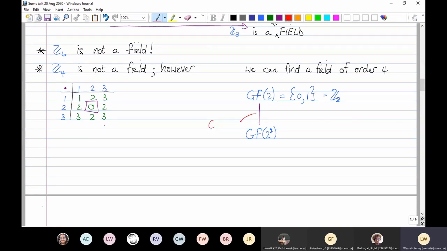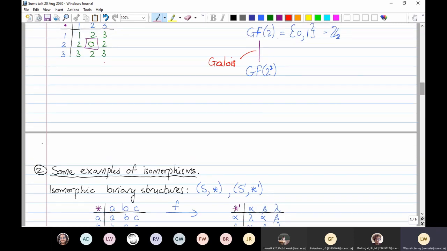This is named after a French mathematician. I would suggest that you read up on him. He actually has quite an interesting story. He developed this theory before he was 22 or 23, and that's when he unfortunately died.